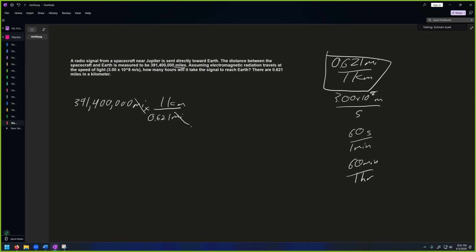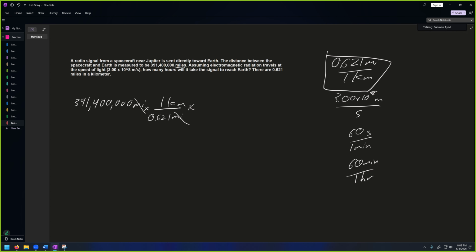Technically speaking, you could solve at this point. You'd have a number of kilometers, and then you'd need to do different steps. However, we can set this up as one long continuous equation, which is my preferred way of doing it. So we've got 1 km up top. I'm going to multiply by something that makes kilometers go away. Whoops, I don't actually have a conversion factor that does that. Instead, I see meters over here as the next logical step in converting it into hours.